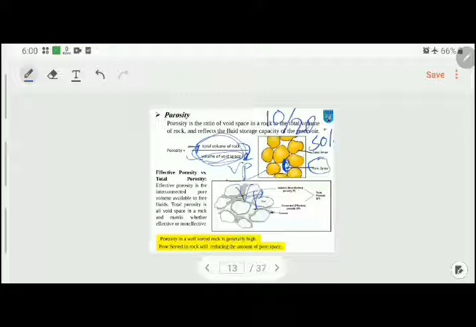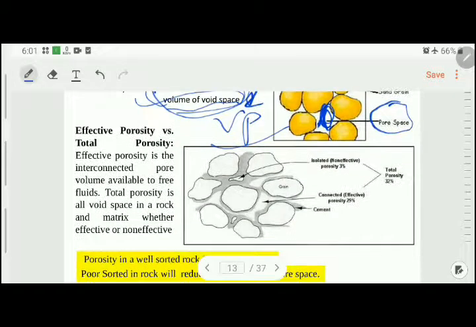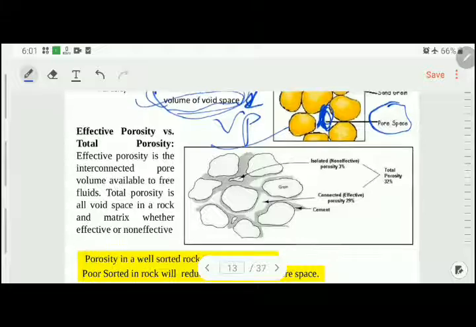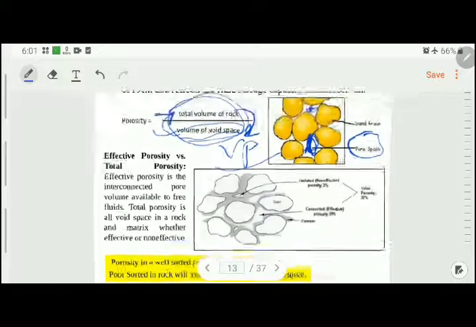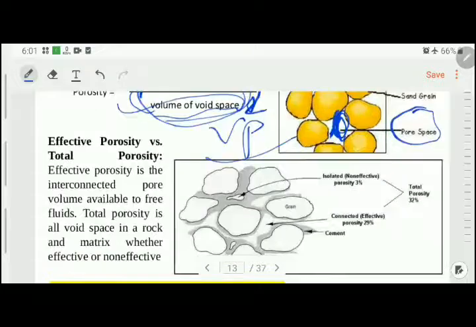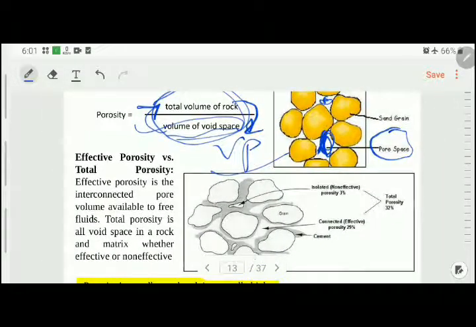So if we said here the interconnected, notice in this slide the interconnected pores are just like these areas and this area. Notice we have here something called the isolated or non-effective porosity. So the total porosity can be the connected one, notice here for example the porosity is the connected pores through this area.